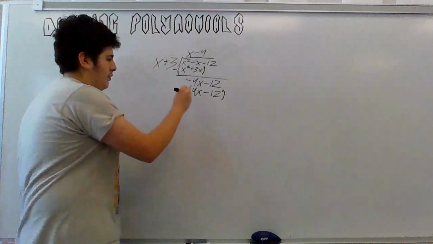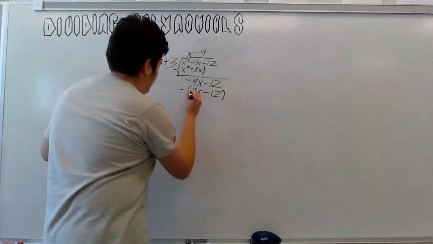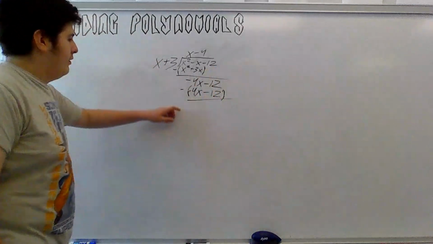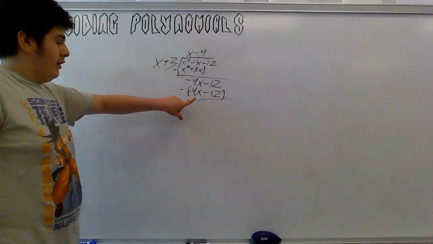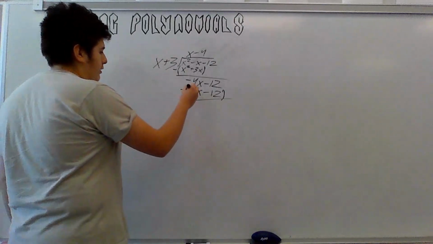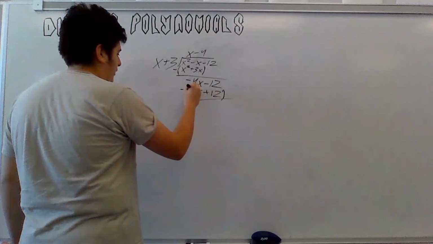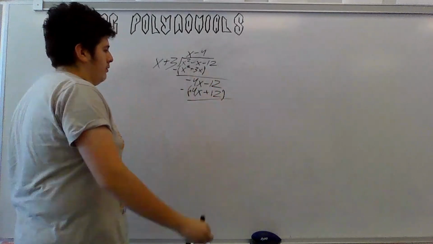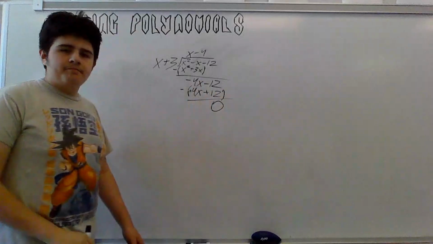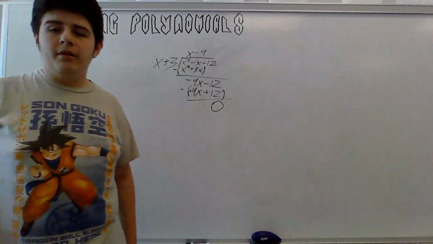And once again, you have to multiply everything by a negative. But since a negative multiplied by another negative turns to a positive, in this case, these two are positive. So once you factor all of this out, your remainder is 0. And that is that equation done.